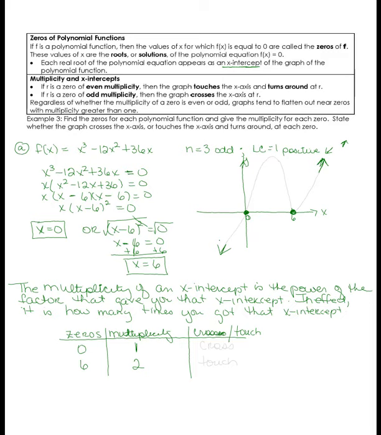It's going to cross. So when we get to 0, we want that line to cross or go through 0. And then at 6, we have a multiplicity of 2. That's even. What does it say when it's even? It touches the x-axis and turns around.